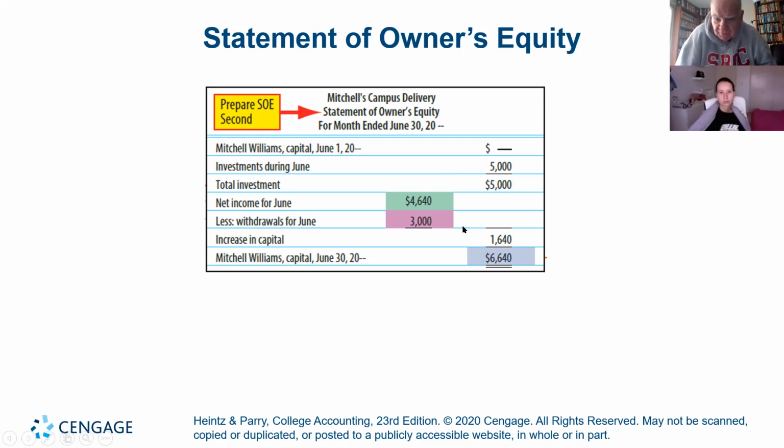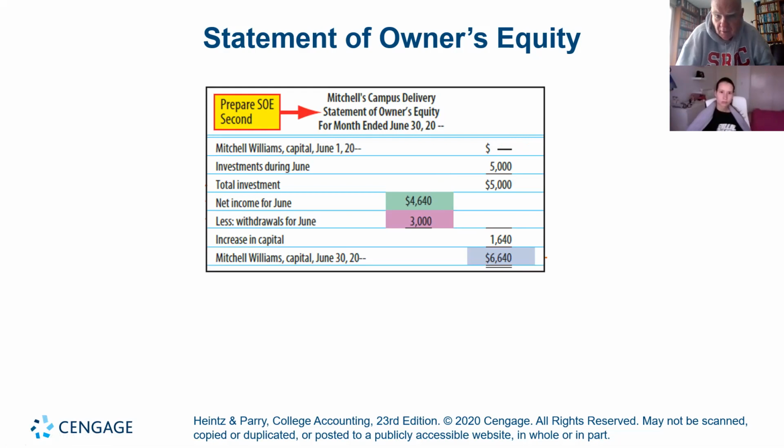When we subtract those two, they're showing something called increase in capital. So our capital increased from 5,000 to 6,640. Any questions on this statement, Daria? You feel pretty good with this?